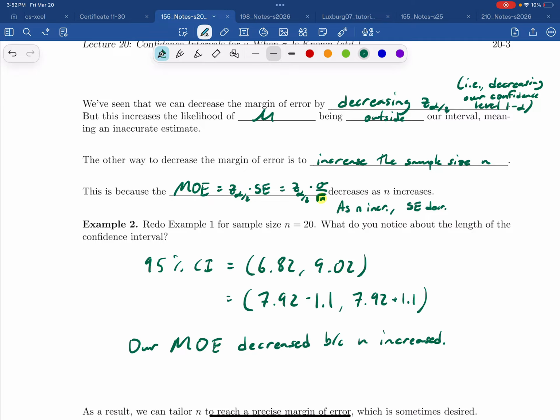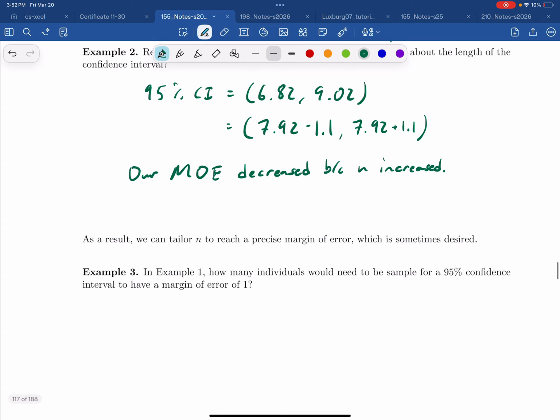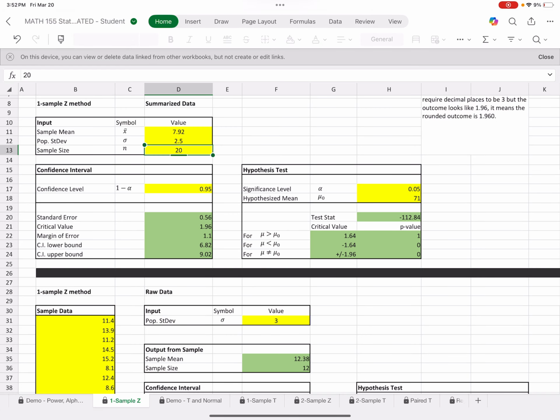Okay. And now you could say, well, we had a margin of error of 1.1. It would have been nice if we had a margin of error of, let's say, 1. Well, how could we do that? Well, there are two ways to do it. Number one, you could just guess and check through Excel and say, I want it to be 1, so let's try 30. Oh, okay, I guess that was too many. 25. Ooh, that's pretty close.